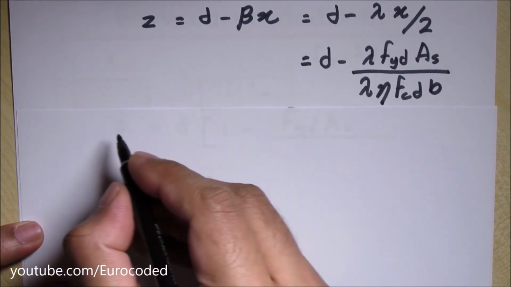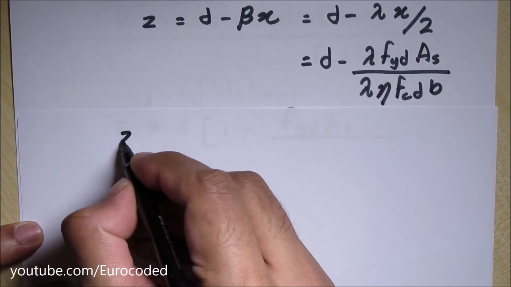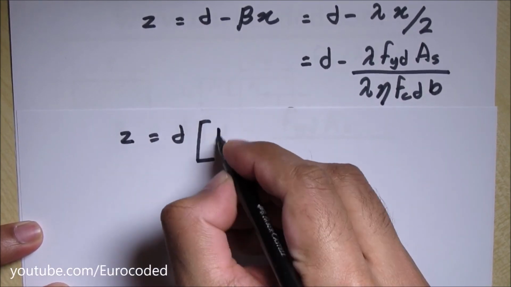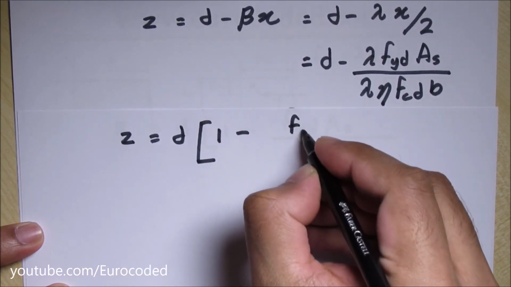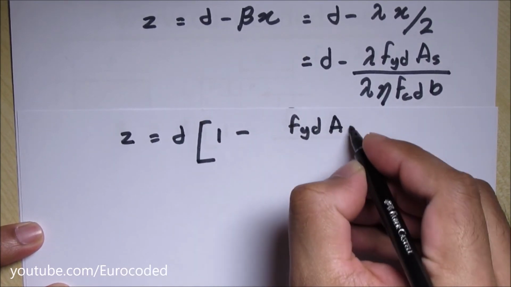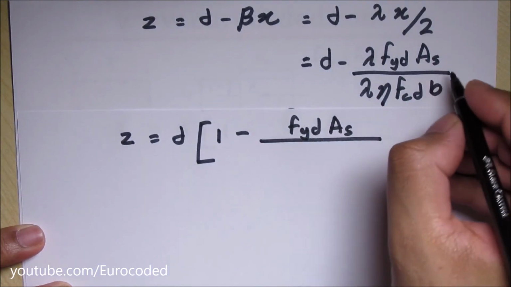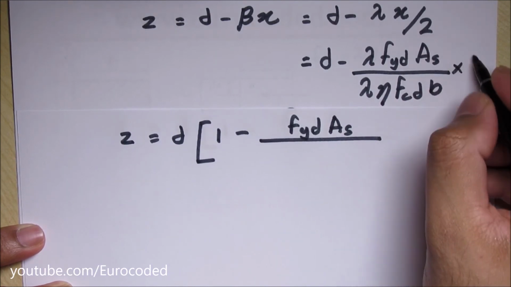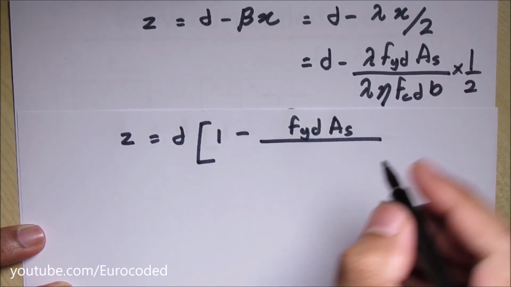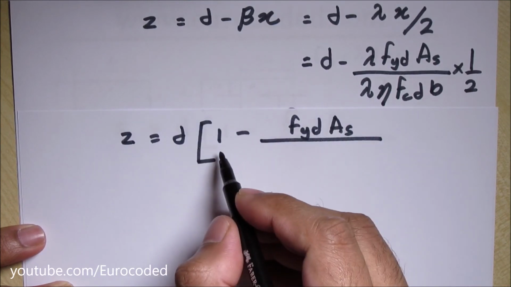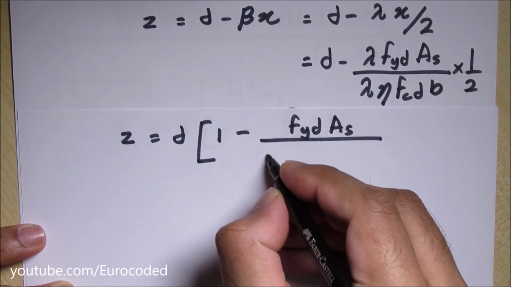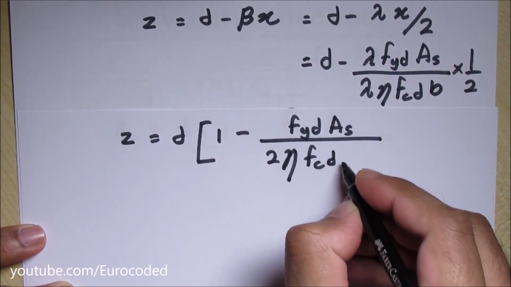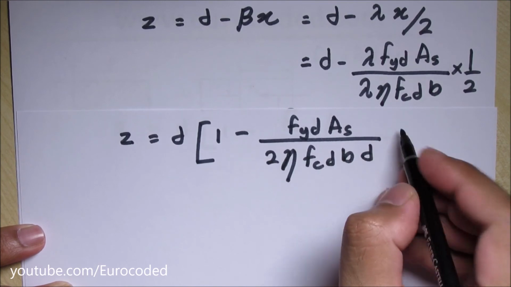Now we can rewrite the same equation as Z is equal to D times 1 minus fyd As over, you can see that I've made a mistake here. I've missed out this 2, so that would be 1 over 2. So going back to this equation again, we can write 2 times eta fcd times b times d.